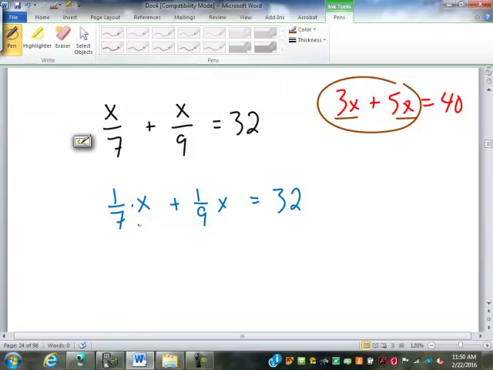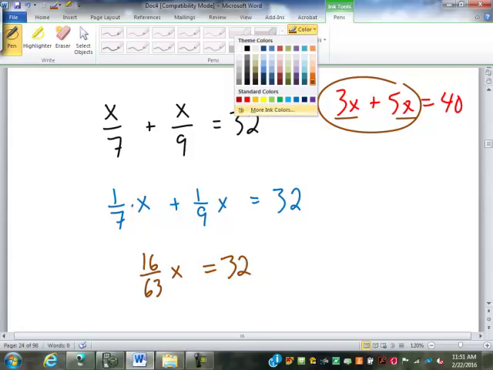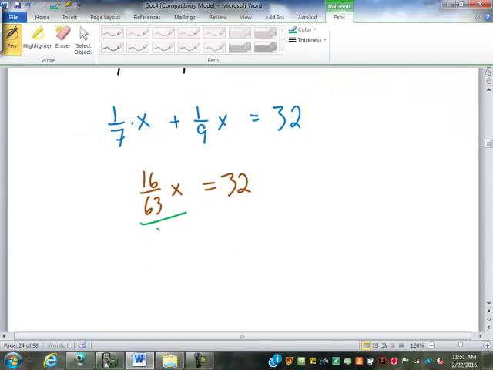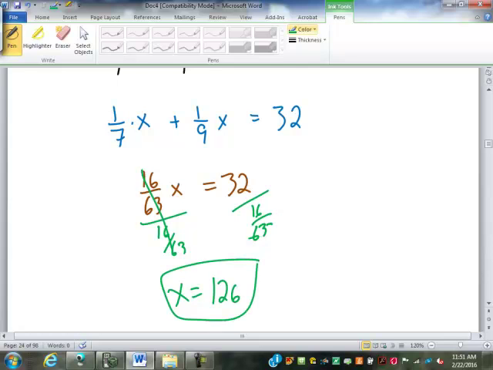So 1/7 plus 1/9, working with our fractions, is 16/63 x equals 32. And from there, of course, it's simply dividing by the 16/63. So x equals 32 divided by 16/63 is 126.